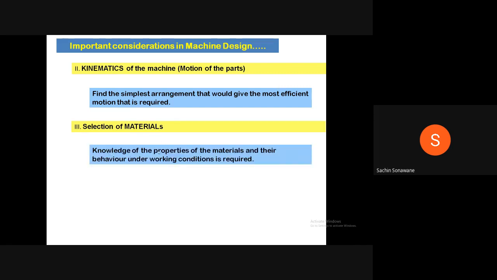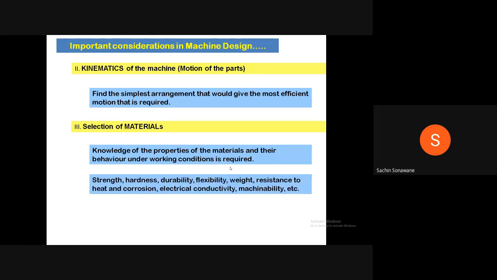That is, knowledge of the properties of different materials and their behavior under different working conditions is required. Similarly, strength, hardness, durability, flexibility, weight, resistance to heat and corrosion, electrical conductivity, machinability, etc. These are the different parameters you have to take into account while selection of materials.